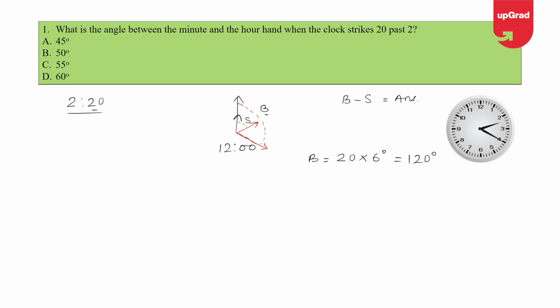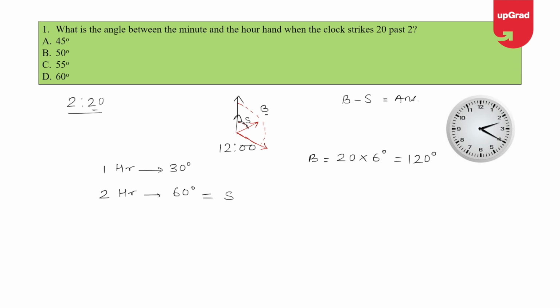Now for the smaller angle, let's see what we do. I know that in an hour, the hour hand travels 30 degrees. So in 2 hours, it will travel 60 degrees. Now many people actually assume that this 60 degrees is equal to the smaller angle, this angle.